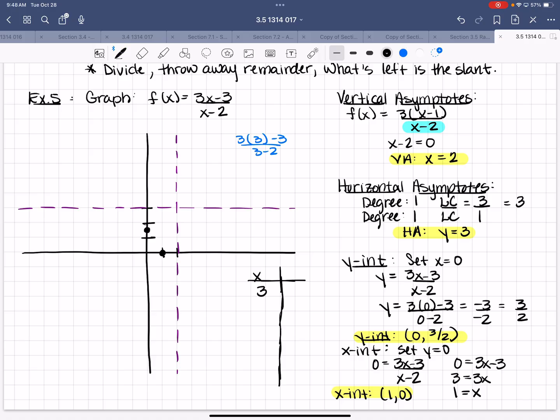So when x is 3, I get 6. Let's try 6. No, I don't like that one. That's not going to be real good either. 15, 12. Let's try 5.